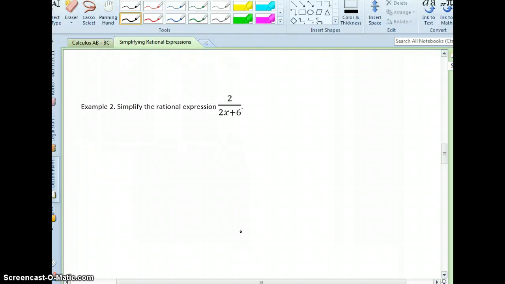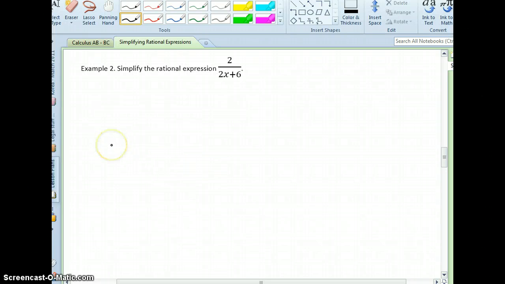Okay, next problem. Simplify the rational expression 2 divided by 2x plus 6. Again, I'm going to find the domain first. It's always easy to do it with the original expression, just in case you get things that cancel out that would affect your domain. So I always like to do the domain first. So all reals.